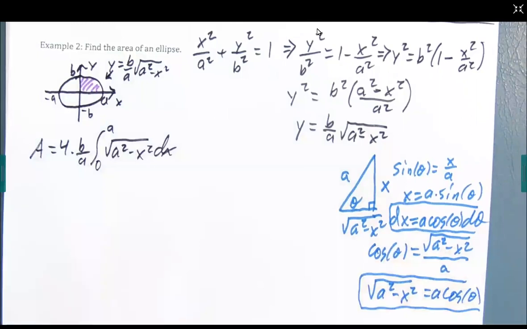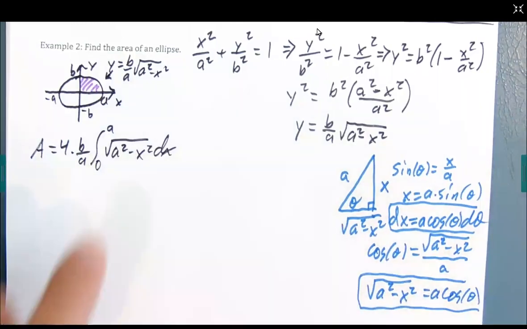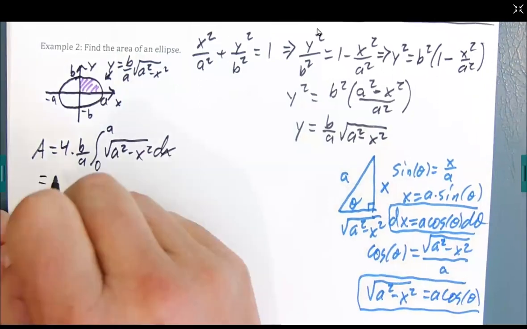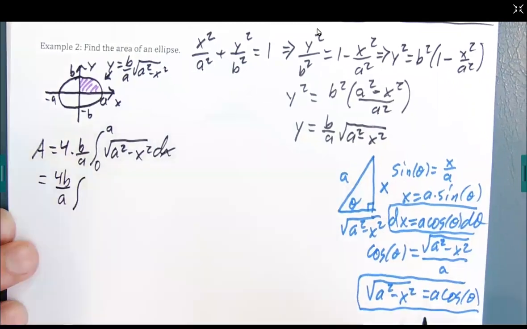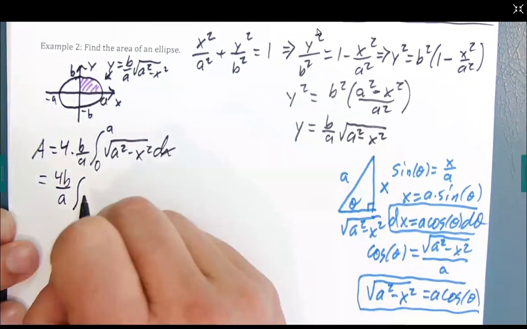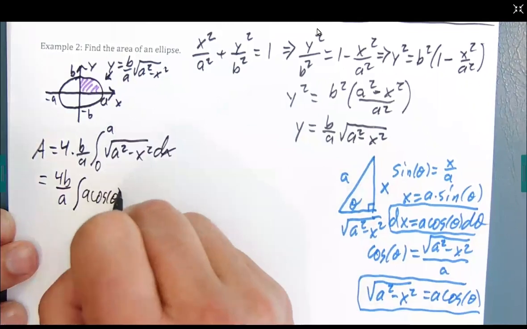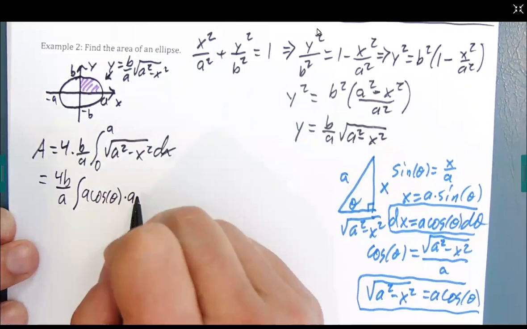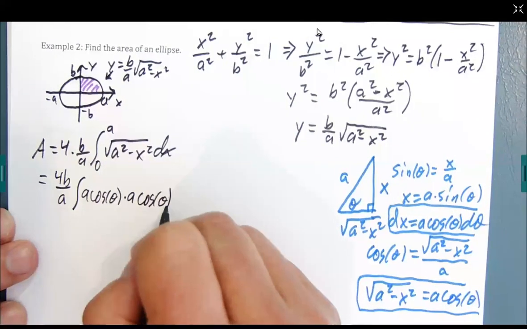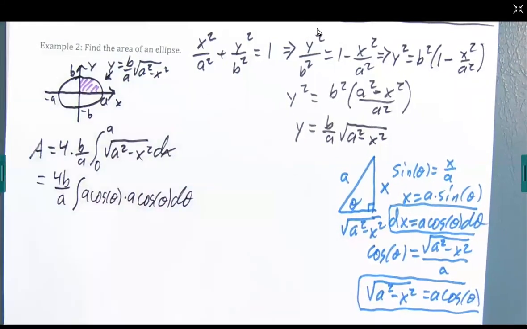So back to our problem over here. This becomes 4b over a times the integral of a cosine theta times our dx, a cosine theta d theta. And I'm going to hold off on the boundaries for now.